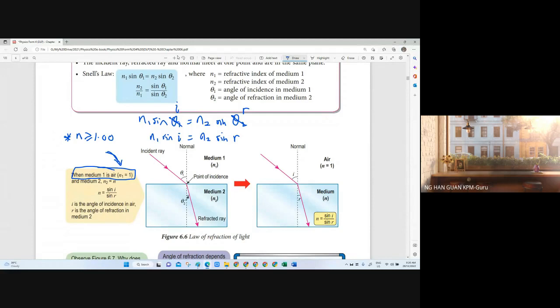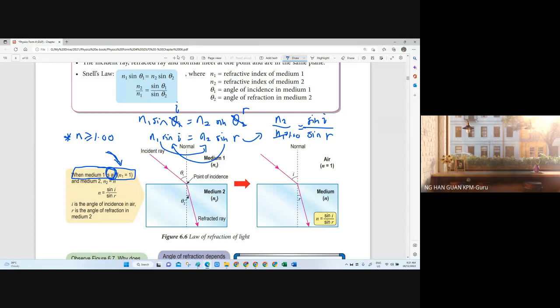And when we rearrange the equation, it becomes n2 over n1 equals sin i over sin r. Because the refractive index n1 is from air or vacuum, it equals 1.